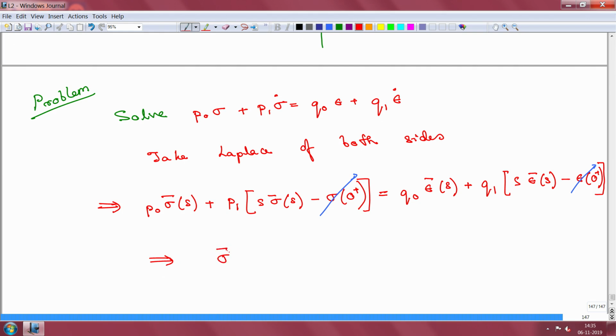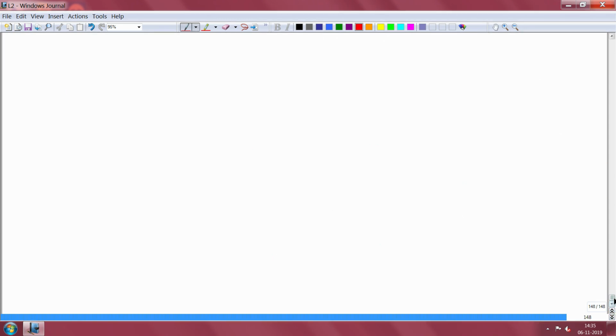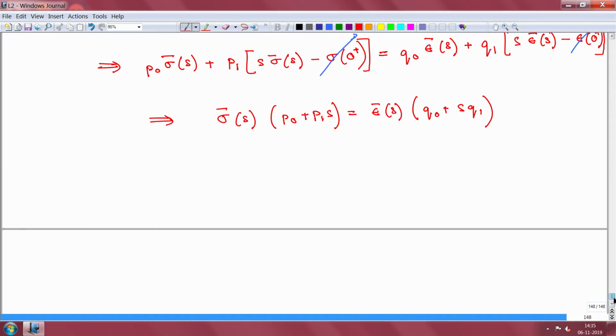We have sigma bar s into P0 plus P1 s equal to epsilon bar s multiplied by Q naught plus s Q1. So now we have to decide what we are solving for. This is a very general Laplace equivalent of the above equation.